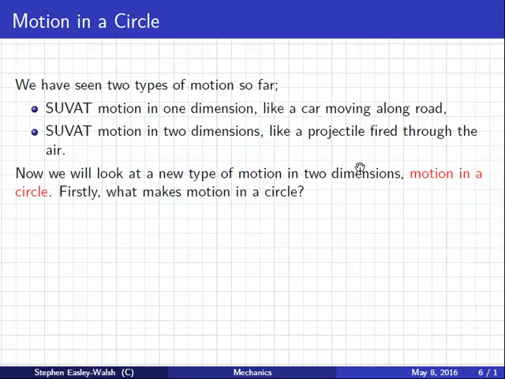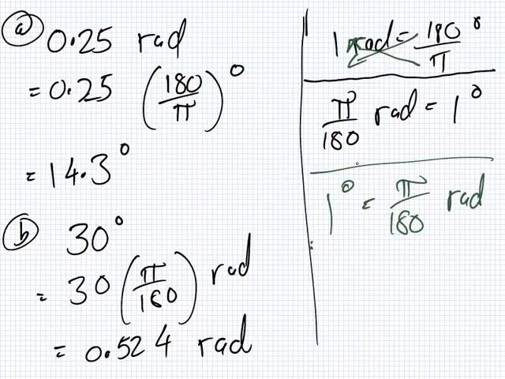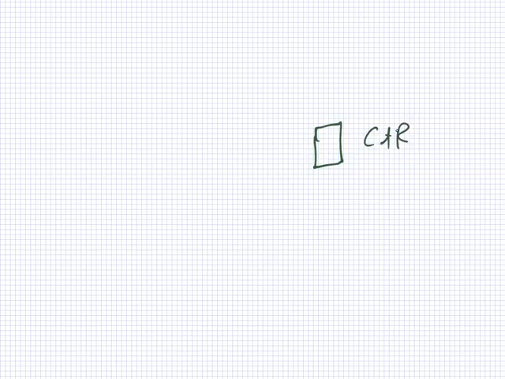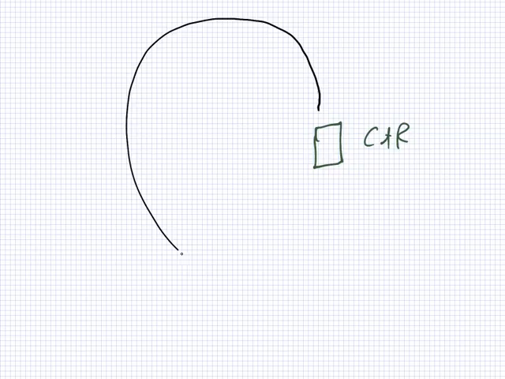So firstly, what makes motion in a circle? Does anybody know what makes something move in a circle? So like here's the car, and it's moving in a circle. Constant speed.